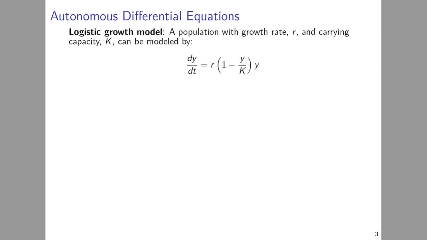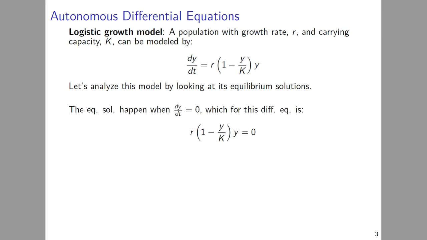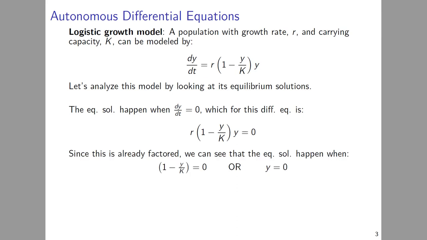For our logistic growth model, with growth rate r and carrying capacity k, let's analyze it by looking at its equilibrium solutions as we have in the past. Remember, the equilibrium solutions happen when dy/dt equals 0 for all values of t, which for this differential equation is r times 1 minus y over k times y equals 0. Since this is already factored, we can see that the equilibrium solutions happen when either 1 minus y over k is 0 or y equals 0.